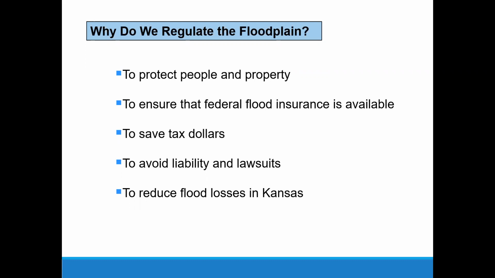And if you decide to withdraw from the National Flood Insurance Program, then there's a chance that your governing body could be held liable at some point for not protecting people in the face of having the scientific data that says there is a flood hazard. And of course, to reduce flood losses in Kansas. So that's why we have a 1 foot of freeboard requirement to try to keep people's houses and other structures and investments from succumbing to flood damage.